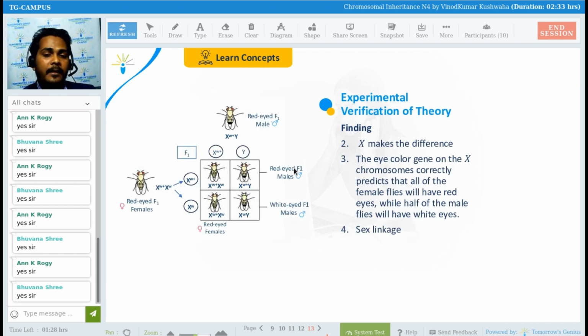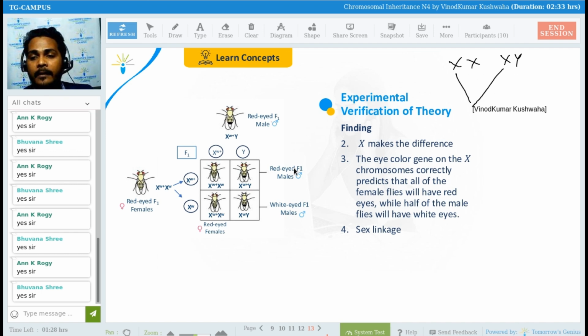Now X makes the difference. X makes the difference, you know that XX and XY. When combined, this can be XX, this can be XY, this can be XX, and this can be XY, right?